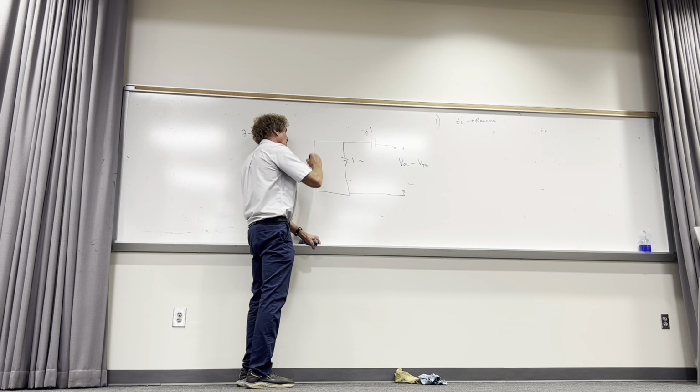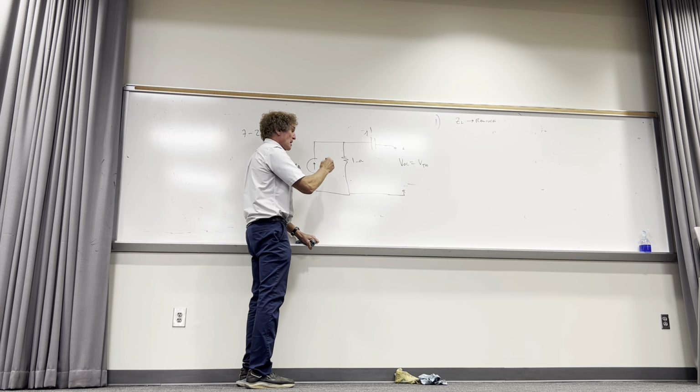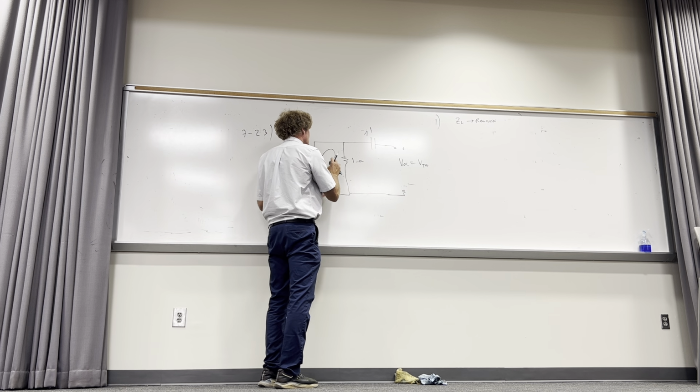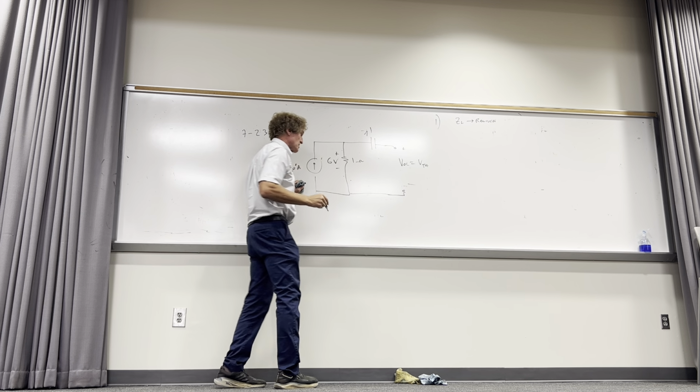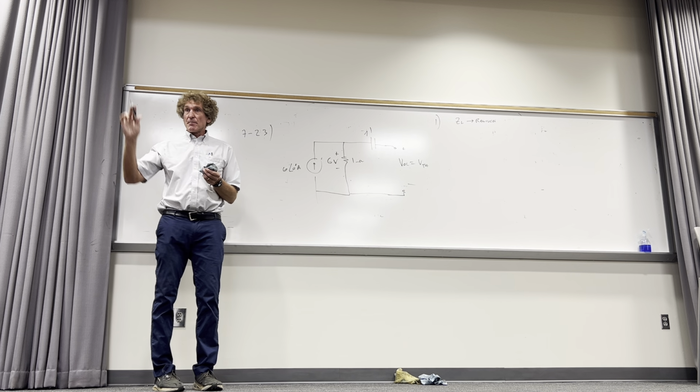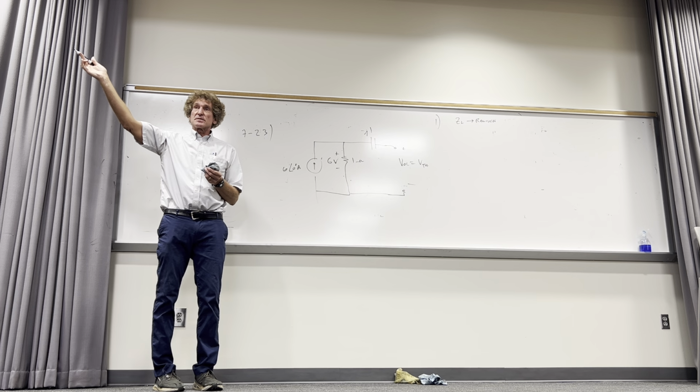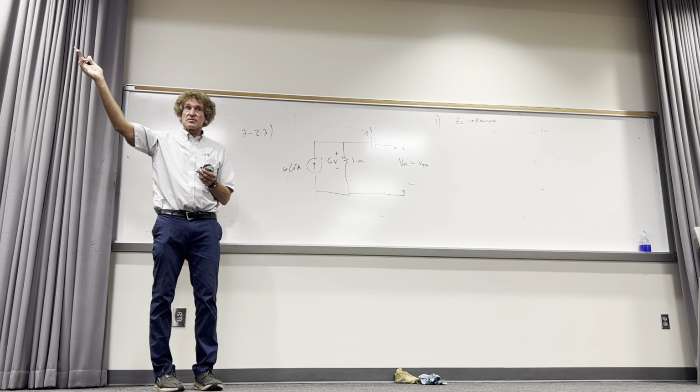Do you agree all the current flows through? All of it, right? What's this voltage going to be? 1 times 6, or 6 volts at 0 degrees. Do you agree with that? How many do? I'm trying to make it clear. It's as obvious as it can be, but you have to convince yourself.